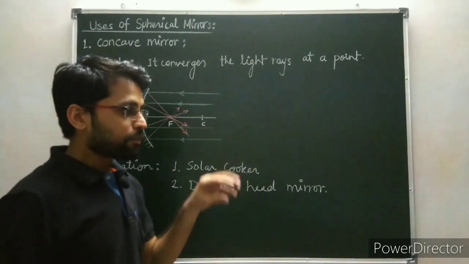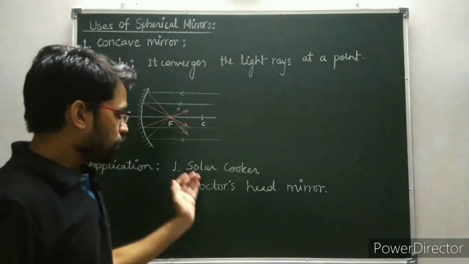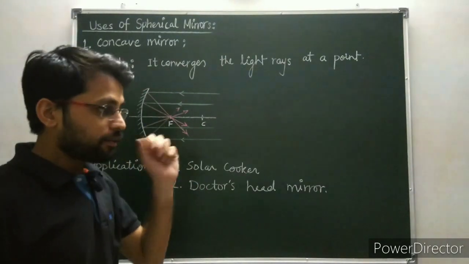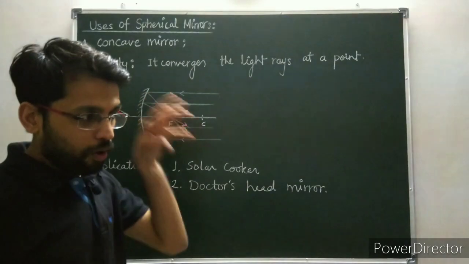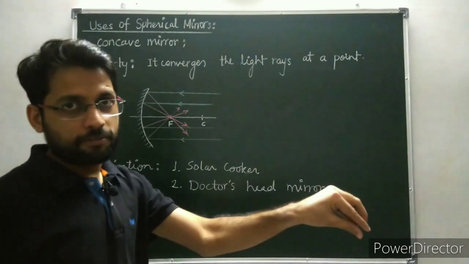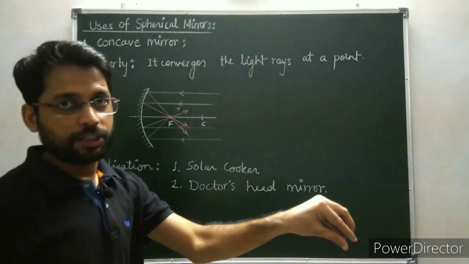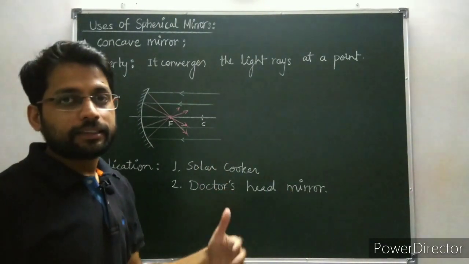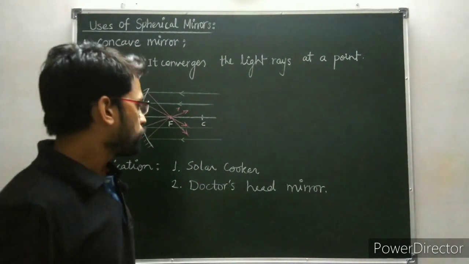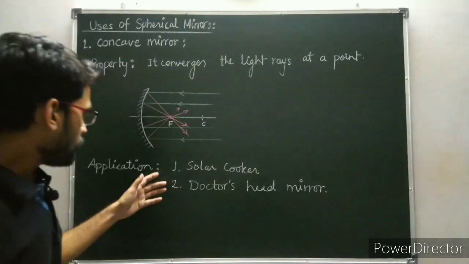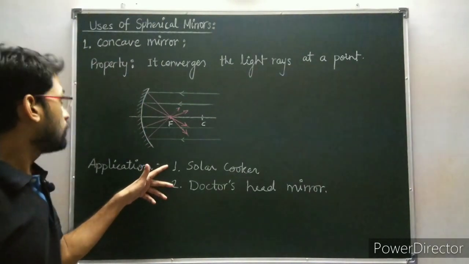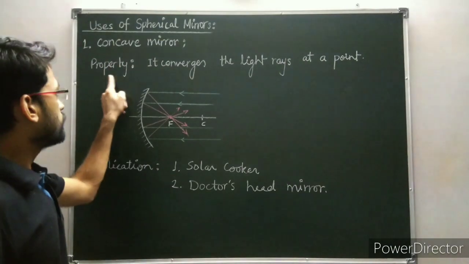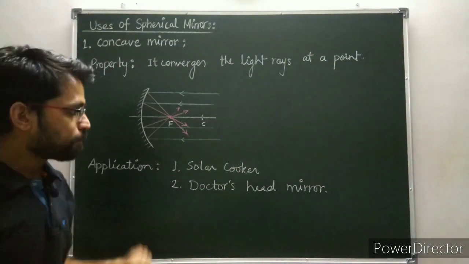So the doctor uses concave mirror to focus all the light rays at the affected area of the patient to see it more clearly than in other situations. So these are the two applications of the concave mirror using this property. Note it down.